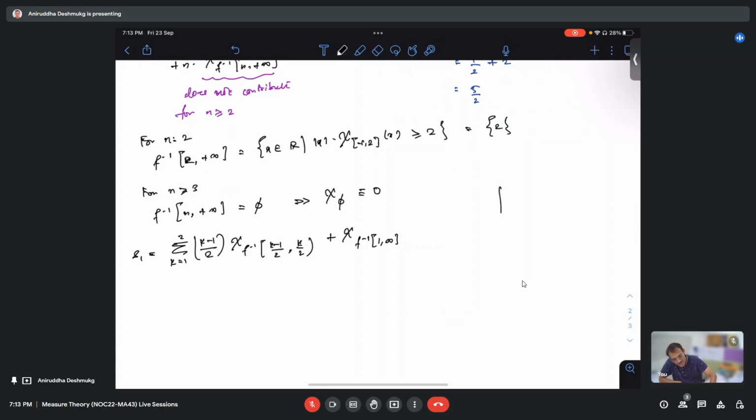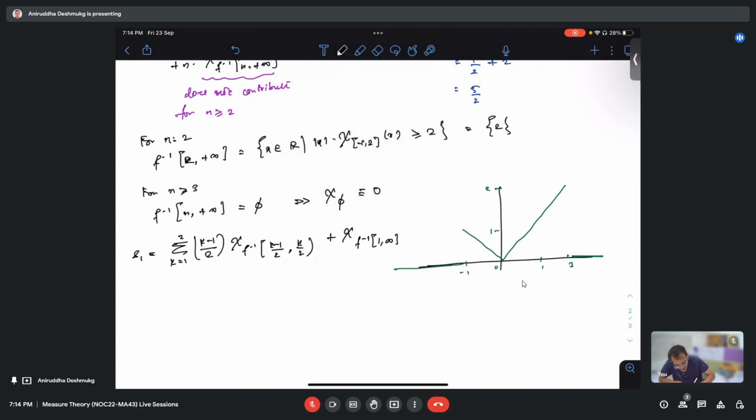So let us again draw this figure and see where these sets are. One goes from 0 to 2, the other is only from minus 1 to 0. Somewhere 1, so this is 1 and this is 2, and beyond minus 1 and 2, the function is 0 as it is.